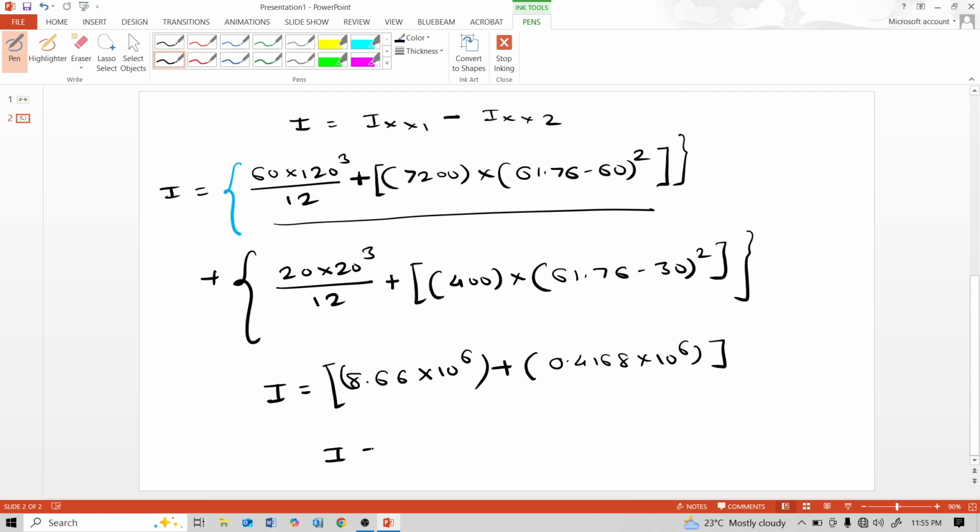Moment of inertia is equal to 8.66 plus 0.4168, about 9 into 10 raised to 6 mm raised to 4.